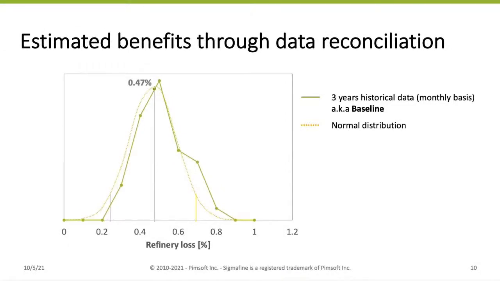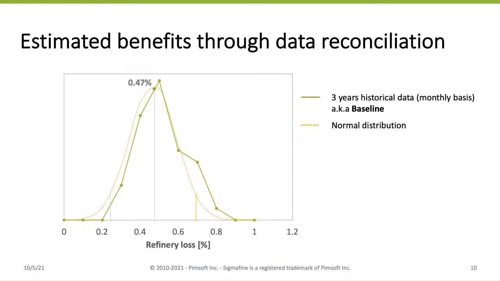But losses, of course, fluctuate over time. Here, a statistical analysis based on a data set of 36 monthly data, so 3 years, is provided in this trend together with its corresponding normal distribution.